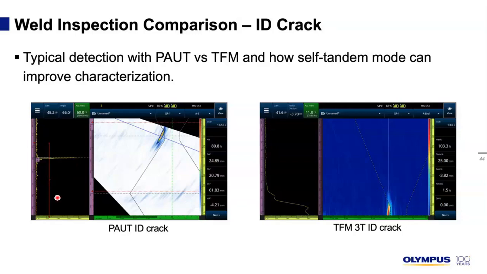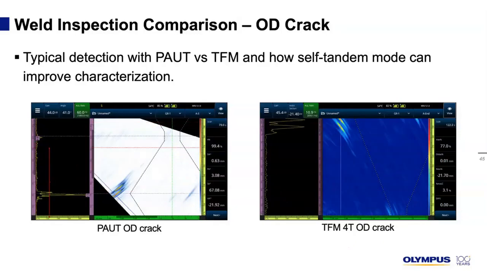So comparing phased array pulse echo to a TFM self-tandem mode with 3T, and reconstructing based on two different zones, let's call it this way, from the phased array probe. It's true for ID, it's true for OD as well.